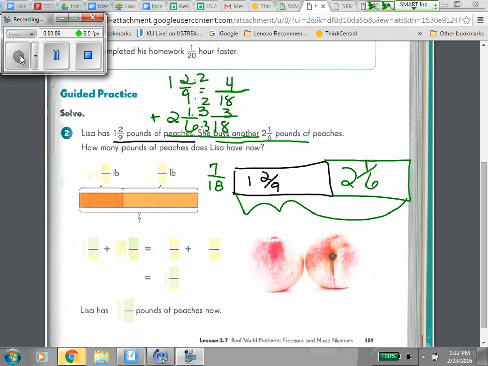Sorry, I'm squishing this one here. And then 1 plus 2 is 3. So the answer is 3 7/8 pounds of peaches. Sorry about that, I meant 3 7/18 pounds of peaches.